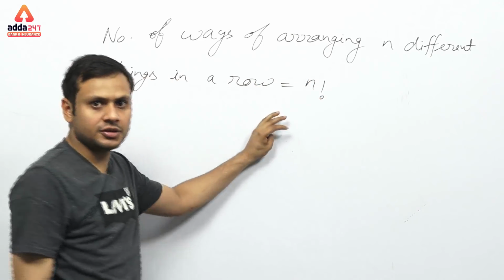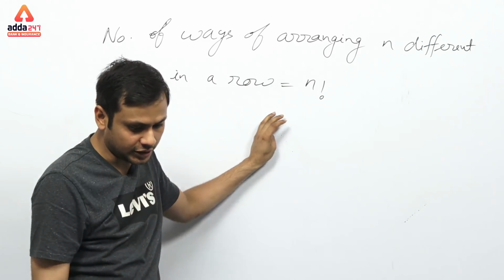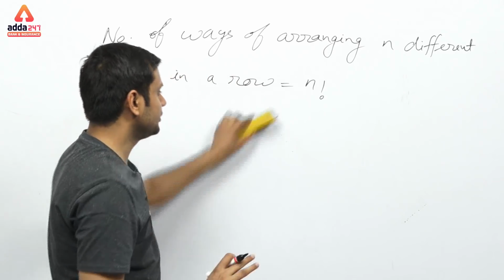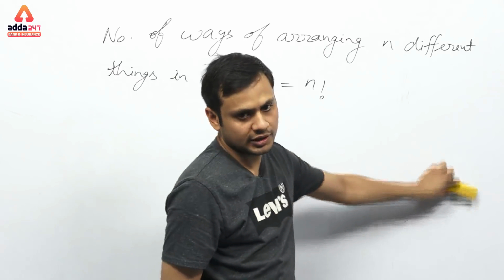I believe we have just seen how we get this factorial thing. So it will be equal to n factorial, a basic thing.